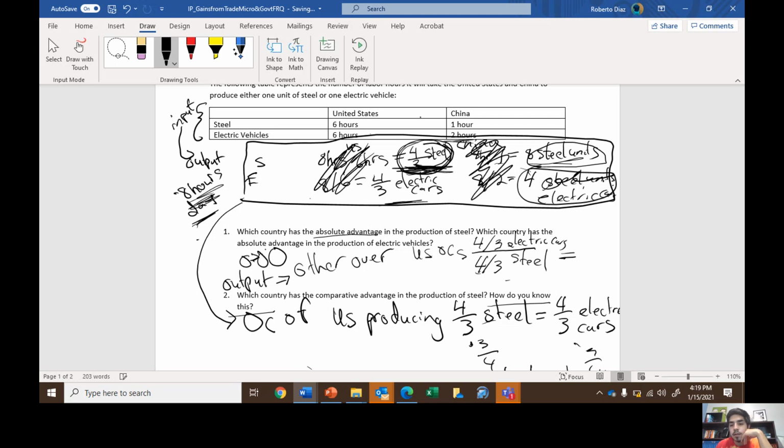And then what you should get, 4/3 divided by 4/3 is just 1. And it will give you the US opportunity cost of steel becomes 1 electric car.